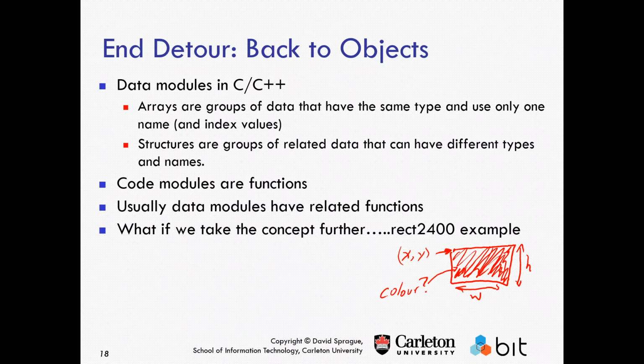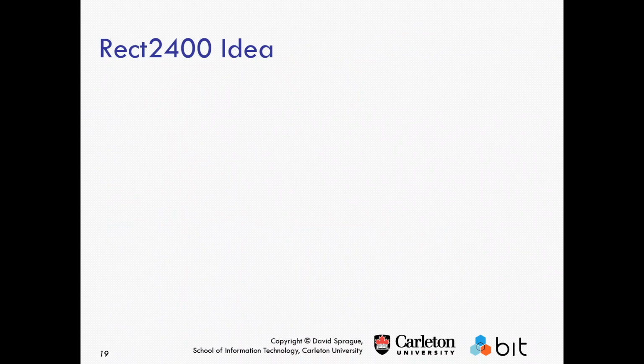I want them to be wrapped up all in one go. So here's the rectangle, the rect idea. I'm going to have class rect2400, and my syntax. I always forget my syntax here, so please bear with me.